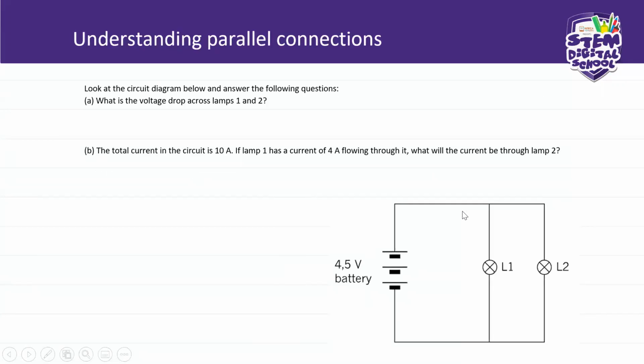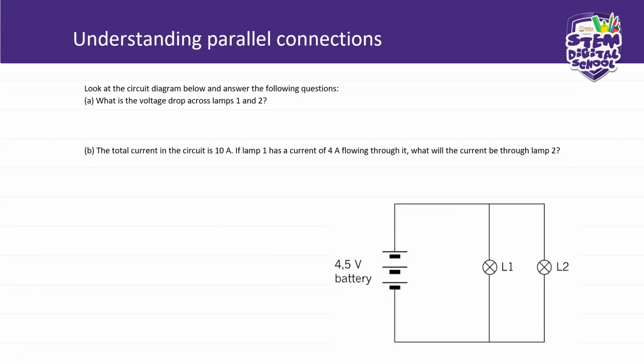Right, understanding parallel connections. Look at the circuit diagram below and answer the following questions. What is the voltage drop across lamps 1 and 2?